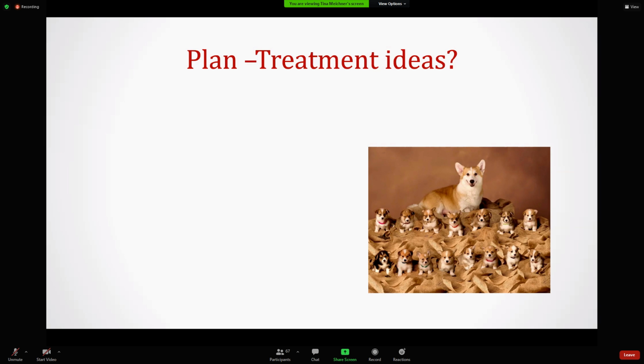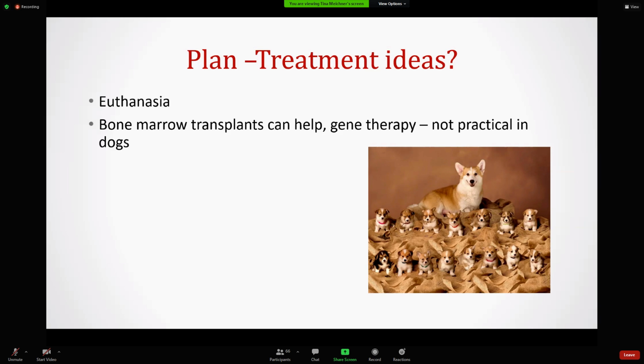So the owner or the breeder's first question is, should I euthanize my dog now? Several things were discussed, like bone marrow transplant, and gene therapy, which is something they also do in humans, but all of this is more experimental currently in veterinary medicine and not necessarily an affordable treatment approach, obviously.